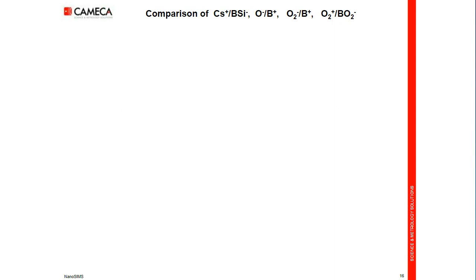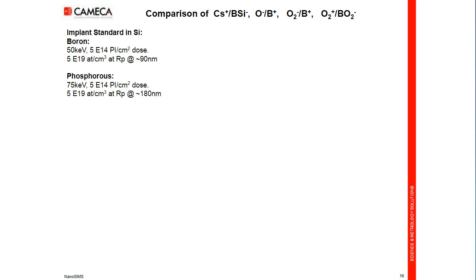In this slide, we show that we can use different primary conditions with the NanoSIMS. We use a co-implant standard of boron and phosphorus in silicon.